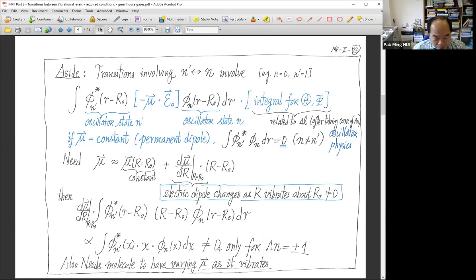For those who are very mathematically oriented, x is related to a dagger and a. Now, of course, with some coefficient in front, okay? But you see, one term is a dagger, so the two sides must be different by +1.